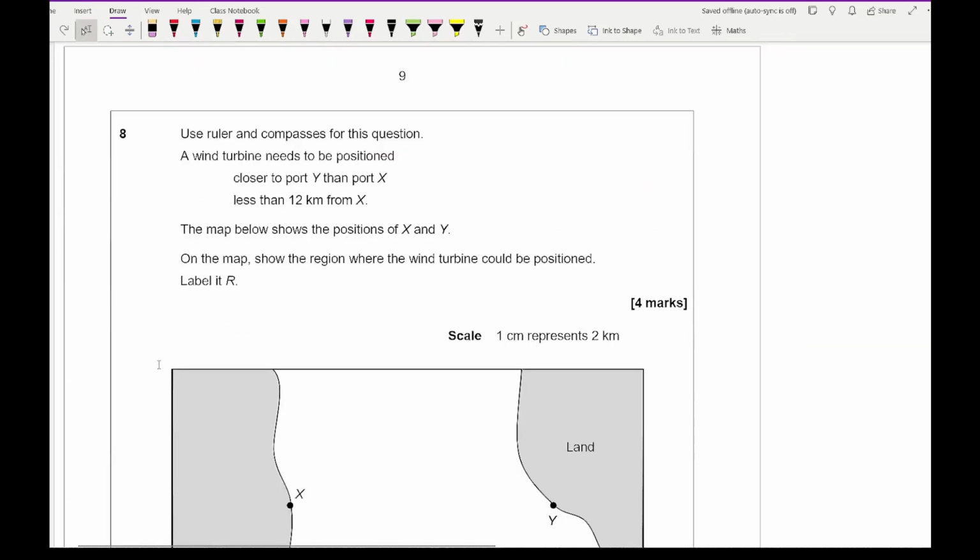Moving on to question 8, it says use a ruler and a compass for this question.